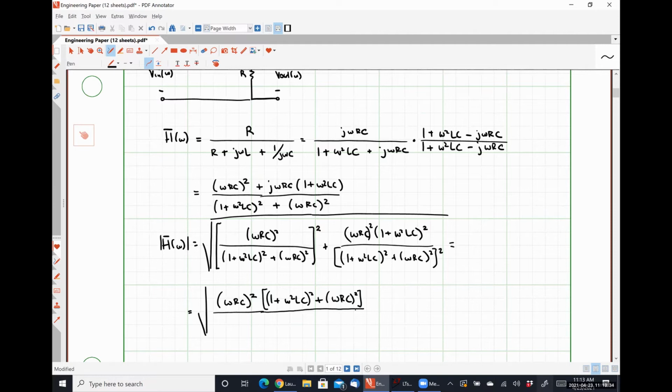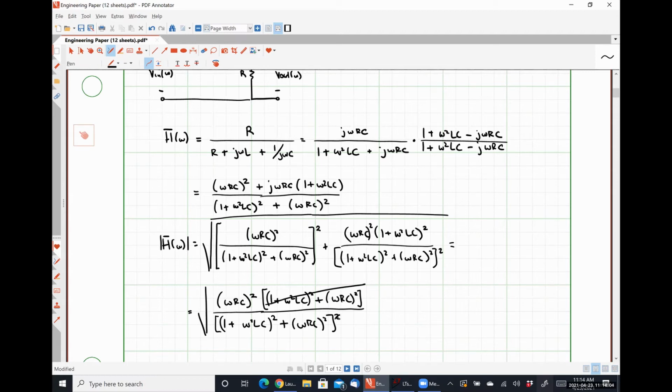Divide this by 1 plus omega squared LC squared plus omega RC squared squared.